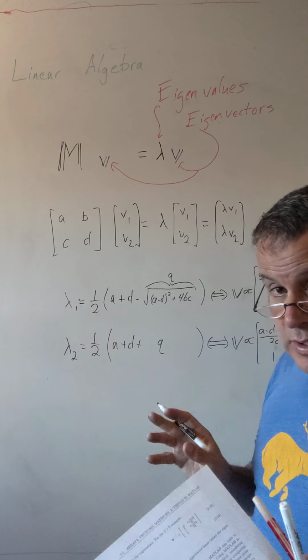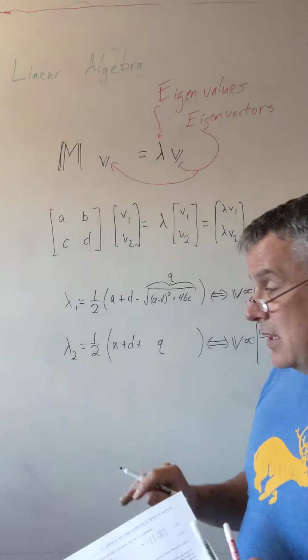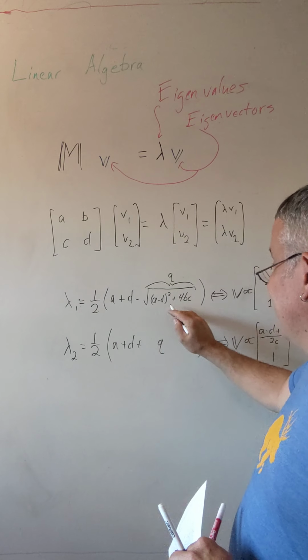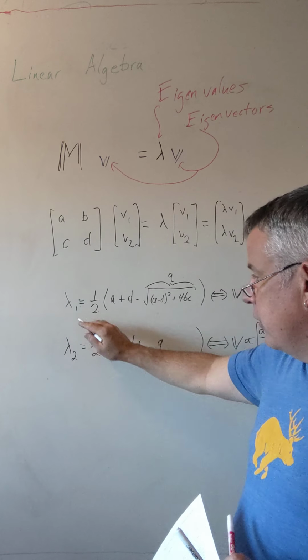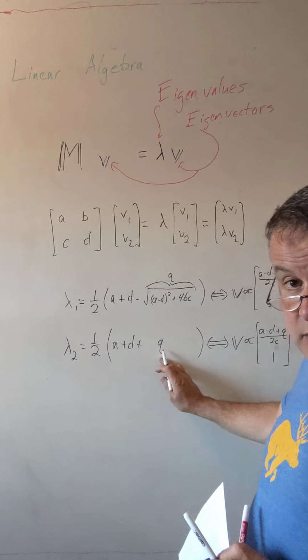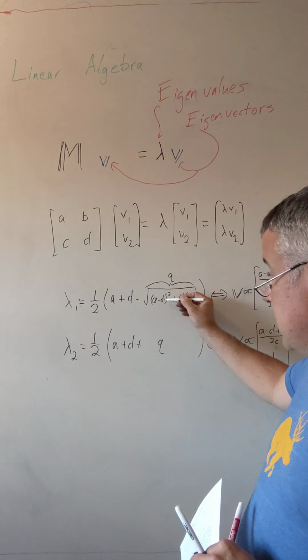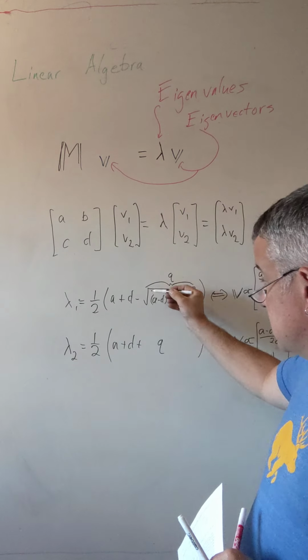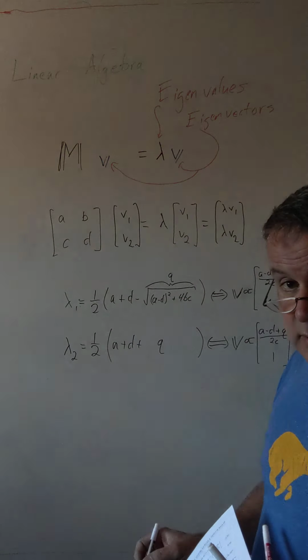It looks sort of like the quadratic formula. Not quite the same, so be careful. And then the other eigenvalue is 1/2 (A plus D plus Q). So minus Q and plus Q, so they're different by just the sign of this funny Q factor.